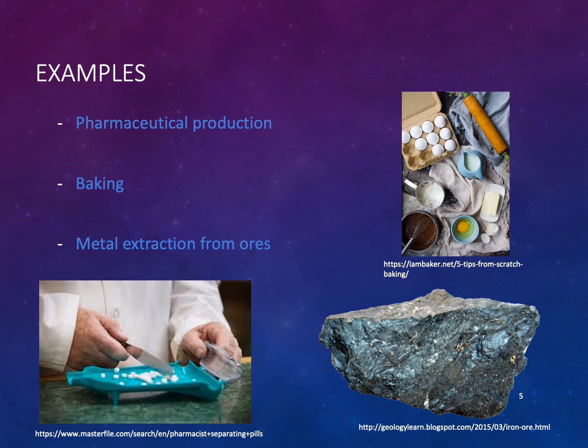They want to produce the most yield out of all their products as possible to save cost. And then in baking, when you're dealing with contents like flour, baking soda, eggs, you want to make sure that your yield in the end is the most that you can produce.